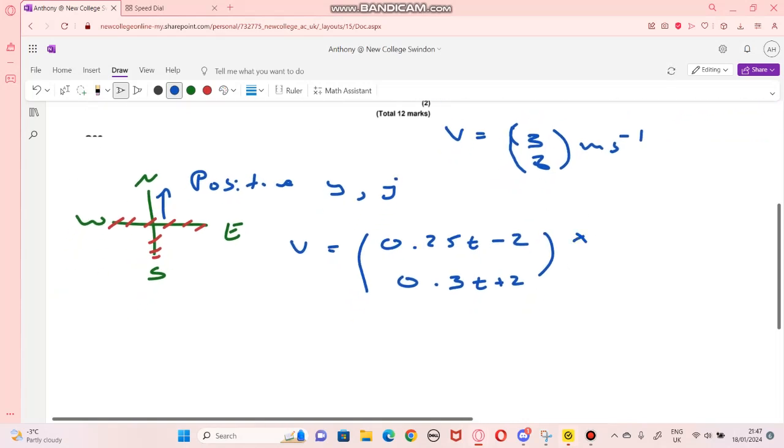This is our x, and this is our y. If it's due north, we cannot have any x, so x should be equal to 0. We equate that to 0 to find our time. We get t is equal to 8 seconds.